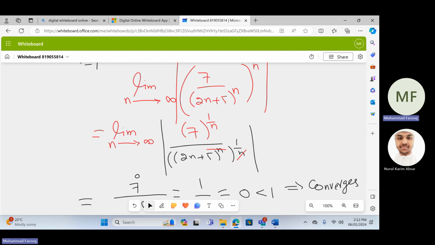Doctor, any number over infinity is equal to 0? Yes, exactly. If the upper degree is less than the lower degree and you are working on infinities, it means the down part is more dominant, bigger. So if up is small and down is big, and you're going to infinity, the answer is 0.